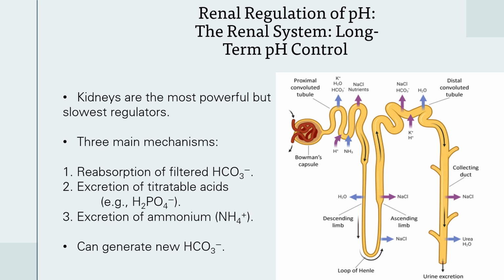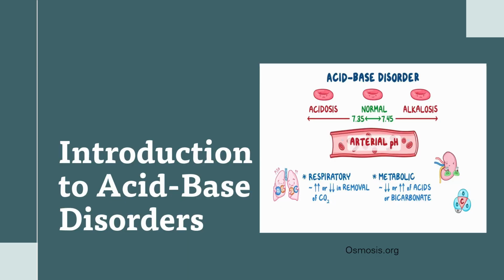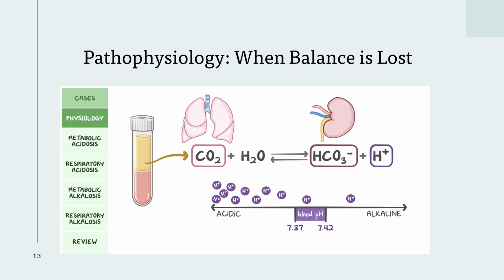Now, whenever you have disturbances of this acid-base balance that is derailing homeostasis, then we have other conditions to consider. So before we go to this slide, I just want to go to this one here to give you some kind of scenario. If there's a pathophysiology, that means a disturbance of the acid-base balance is occurring.